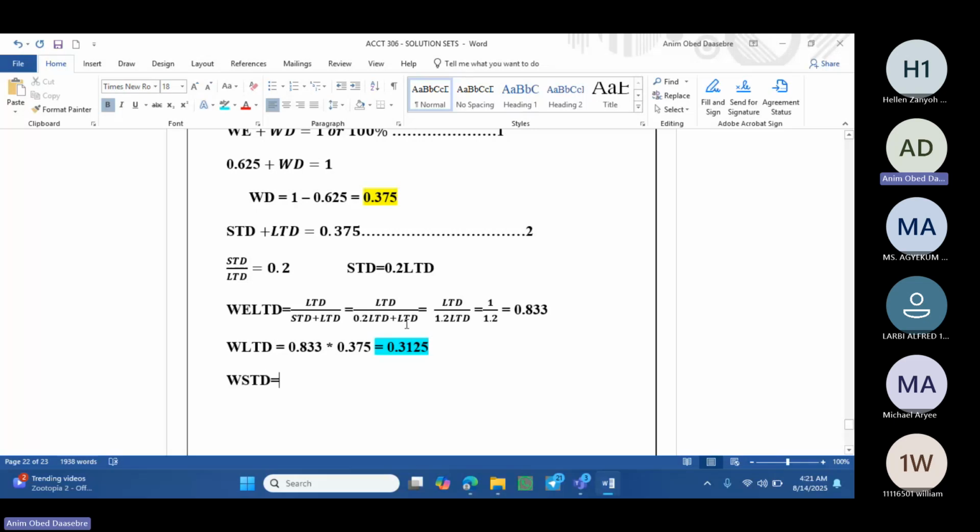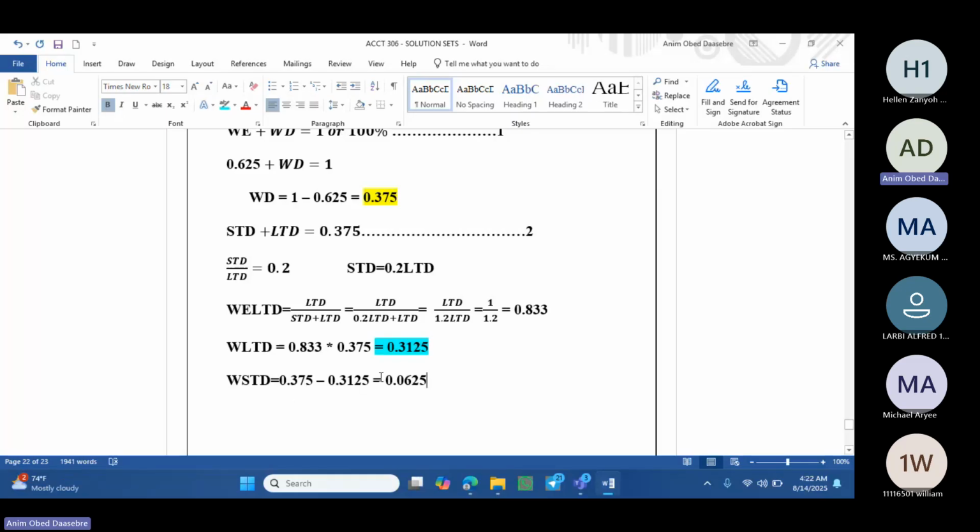Making short-term debt the subject of this equation, we can also find the short-term debt to be 0.375 minus 0.3125, giving us 0.0625.